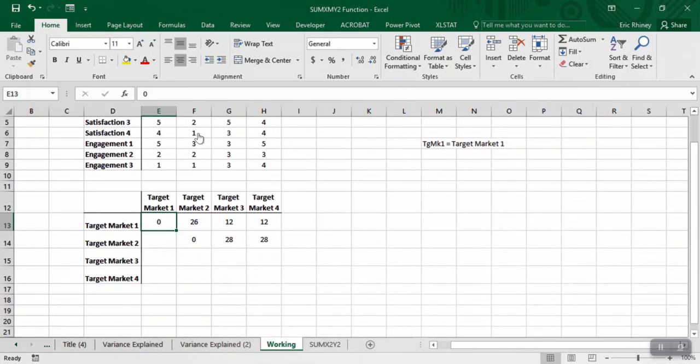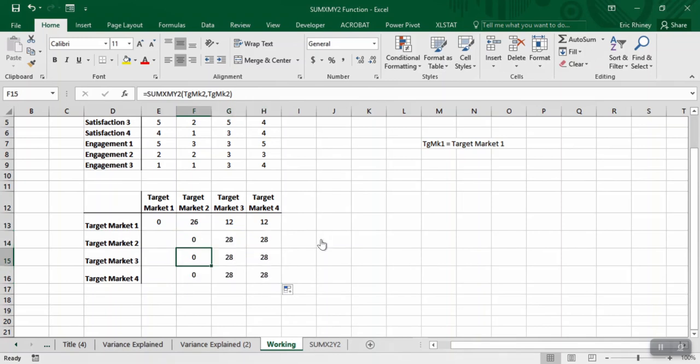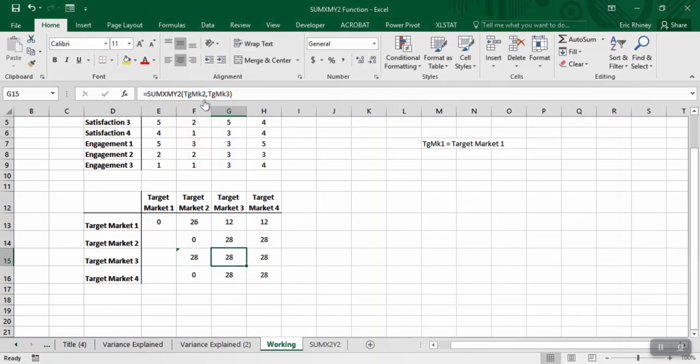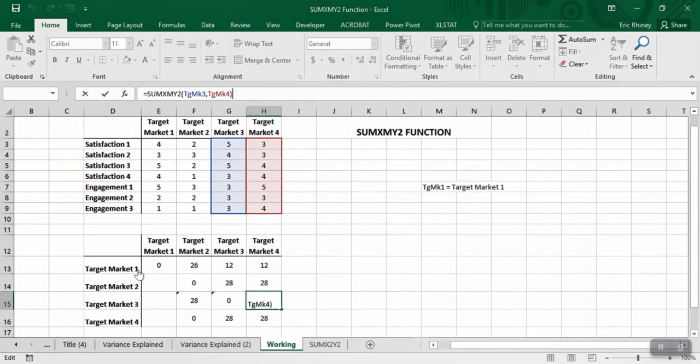And I'm going to copy this down even further. And here, this is going to be 3 and 2. This is going to be 3 as well, which is going to be 0 on that diagonal, 3 here. So again, this is looking at 3 and 4, 3 and 4 up here.